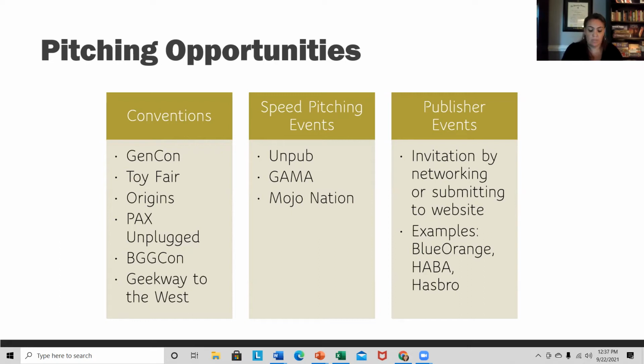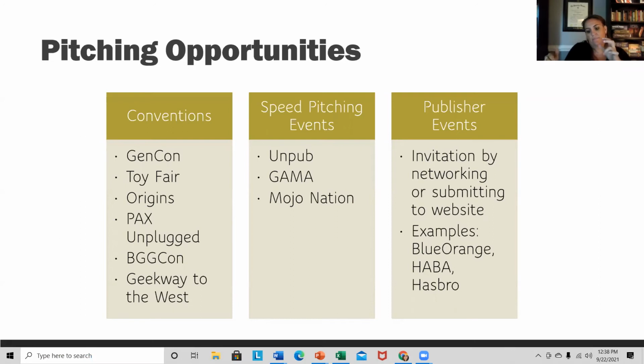And so be sure, if you find out which companies are there, to email them months ahead of time and make an appointment. There's also fun things that pop up like speed pitching events, because this is like a speed dating event where you sign up and sometimes you have to be accepted, sometimes not. And then they give you a list of like 20 publishers who are going to be there.